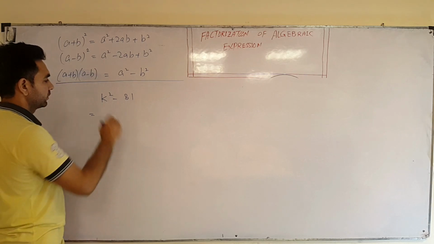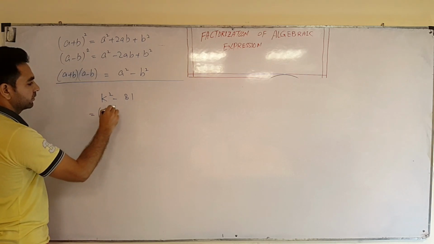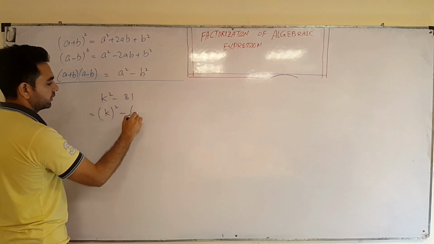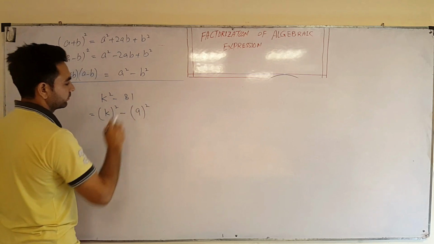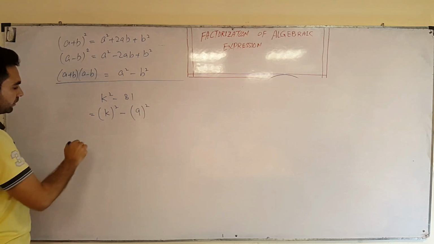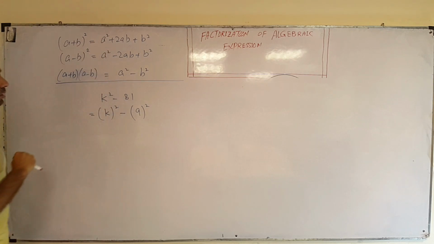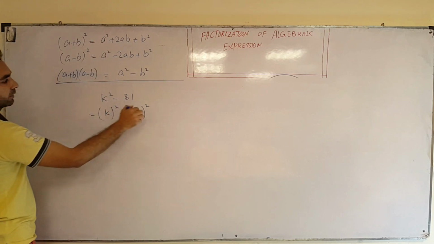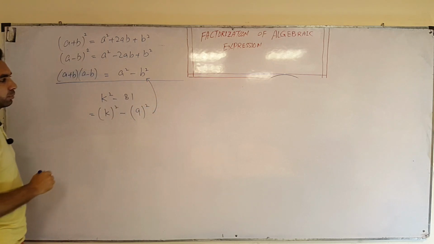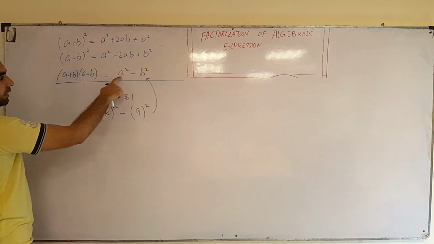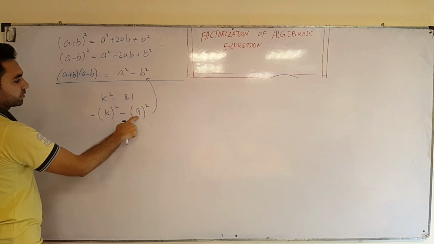It is 9. So this can be written as k square minus 9 square. And now we can compare this with any of these three, and we can see that this one is comparable with this one. So we have a is k and our b is 9.